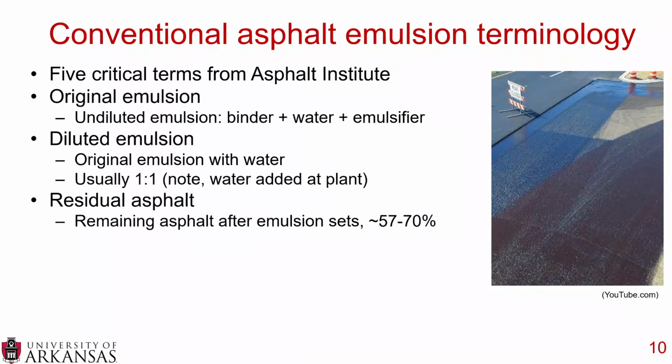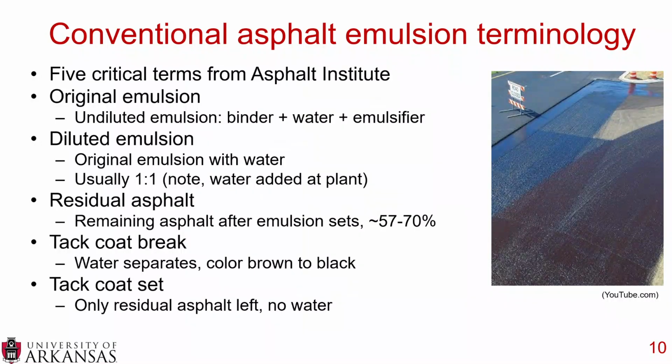There is the term residual asphalt, and this is the remaining asphalt after the emulsion sets, and this is anywhere between 57 and 70% for an original emulsion, and diluted emulsions will see about 2/3 of that number. The tack coat break is where the water separates and the color turns from brown to black.